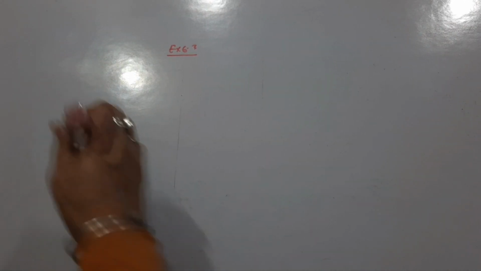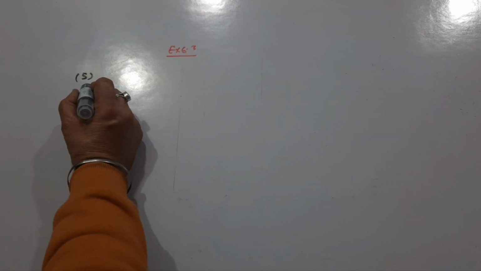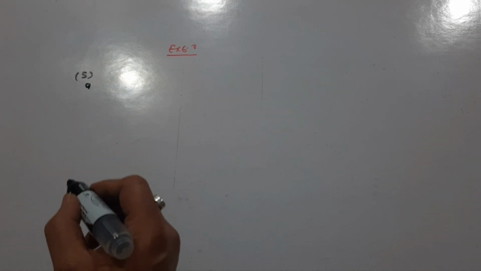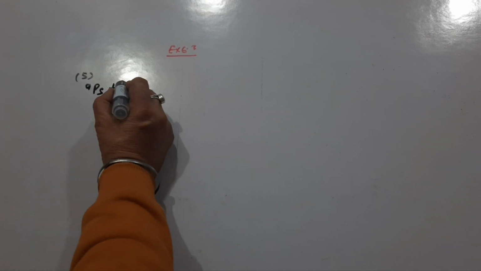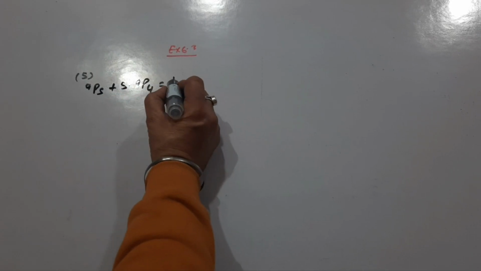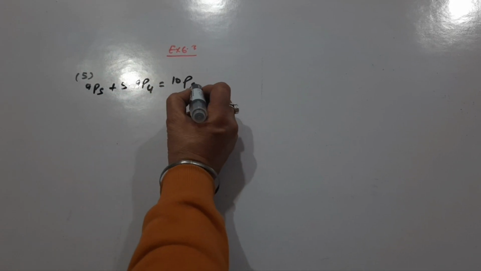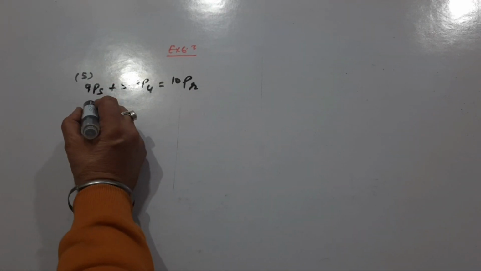Now let us do the fifth question, students. Fifth question is 9P5 plus 5 times 9P4 equals 10Pr. So find the value of r. Now let us solve it.